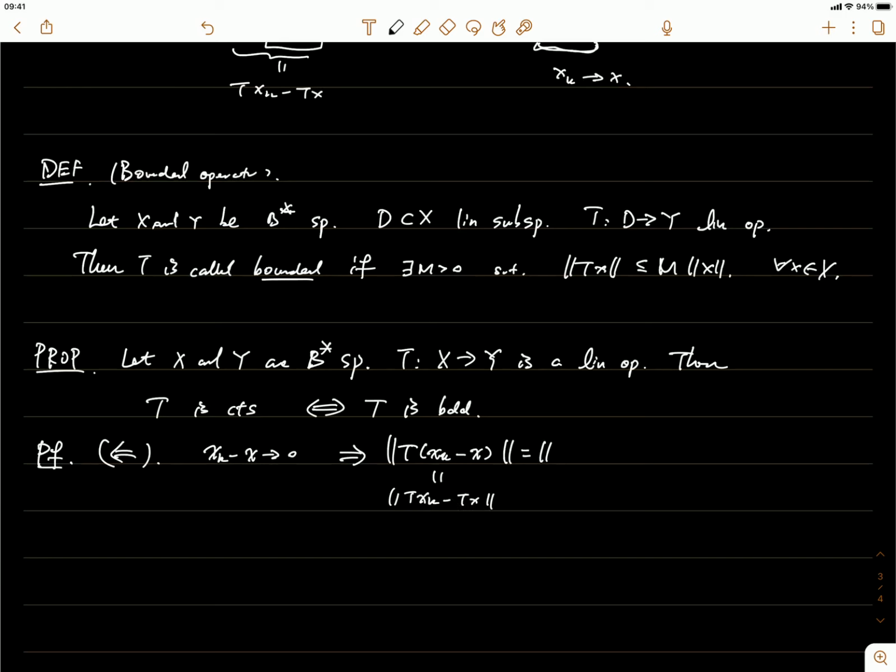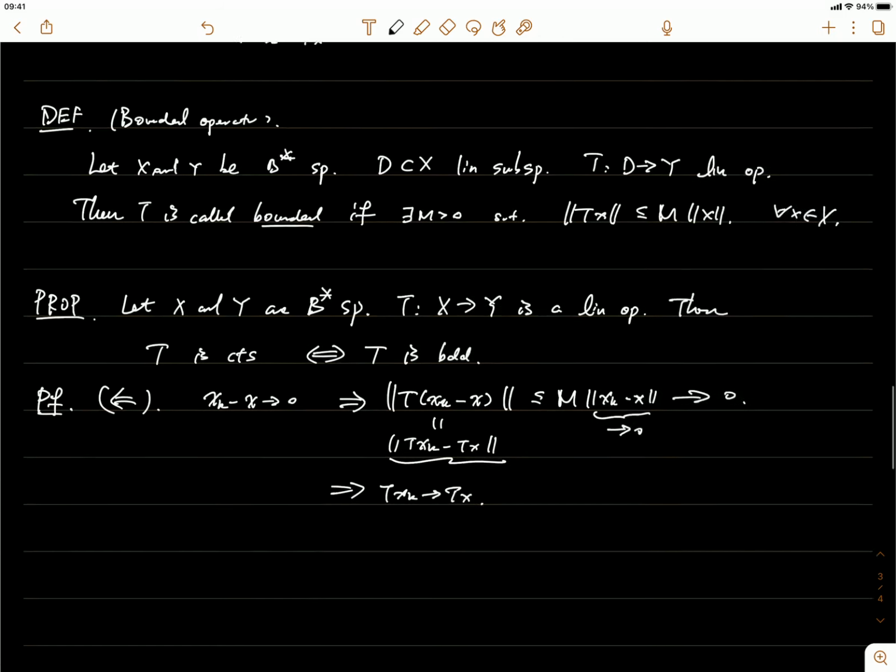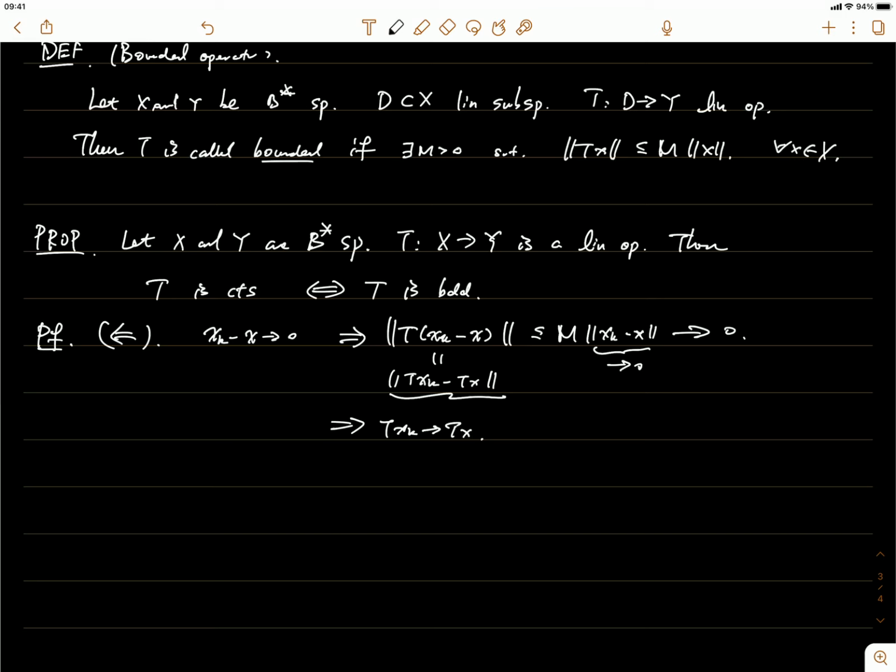On the other hand, this is less than or equal to M times the norm of xk minus x. If that goes to 0, then this goes to 0, which means Txk goes to Tx. So T is continuous.